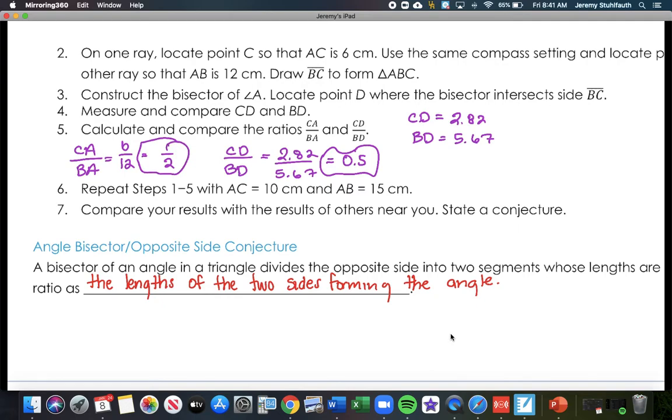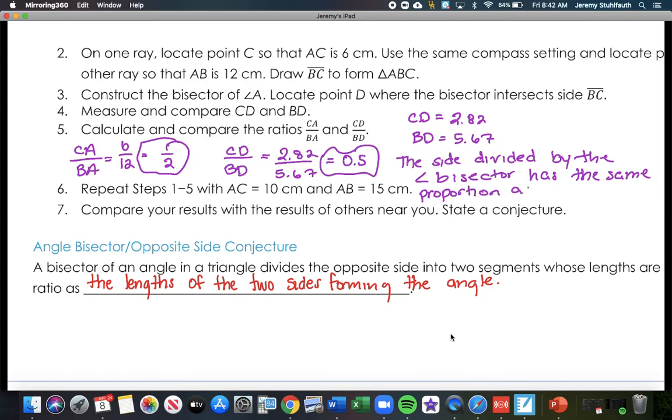What we notice is that the side divided by the angle bisector has the same proportion or same ratio as the other two sides.